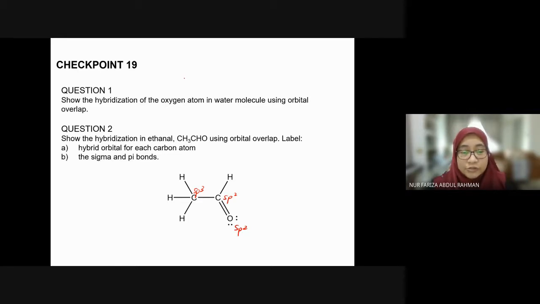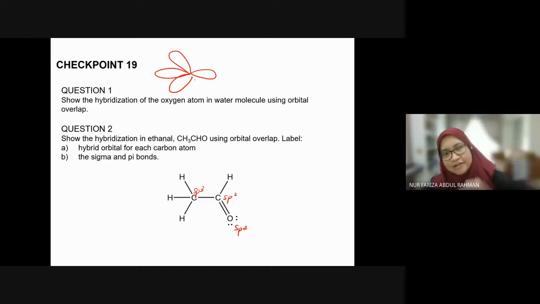So it should have 4 lobes, 1, 2, 3, 4. Baring kan ni. This is tetrahedral shape. Tapi dia baring. And then this will be carbon sp3, guys. Okay, alright.